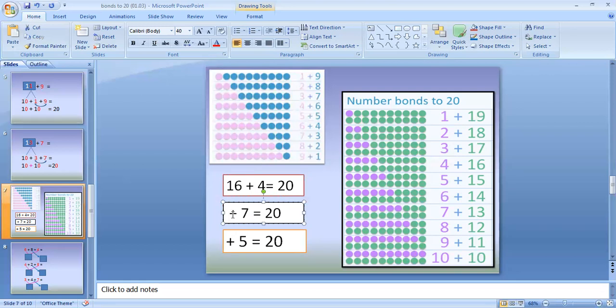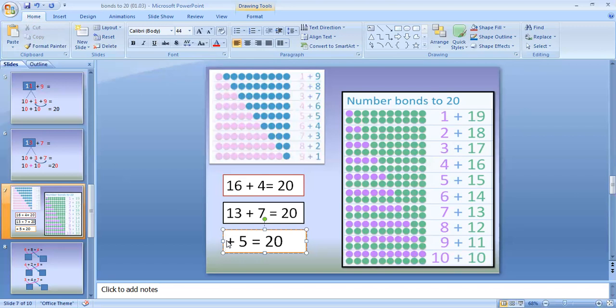Now look at this. Blank plus 7 is equal to 20. What may be the answer? Which number should we add with 7 to make 20? Yes, here it says 7 plus 13 is equal to 20. The answer is 13. Now this one. Blank plus 5 is equal to 20.